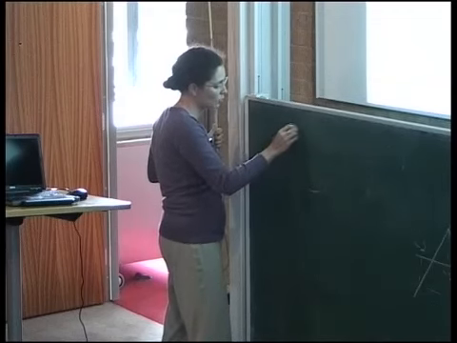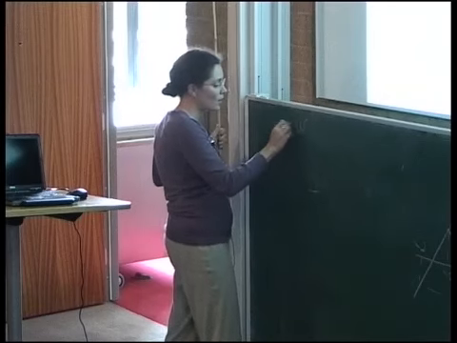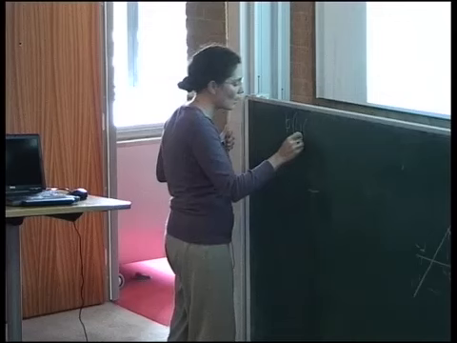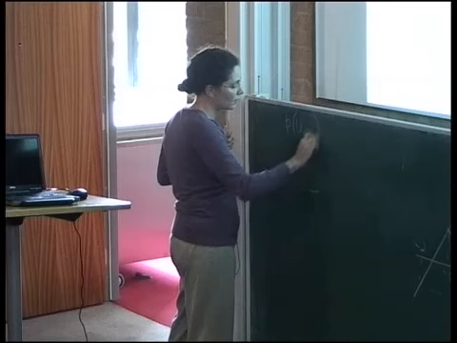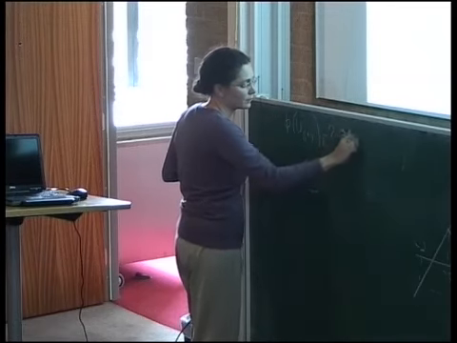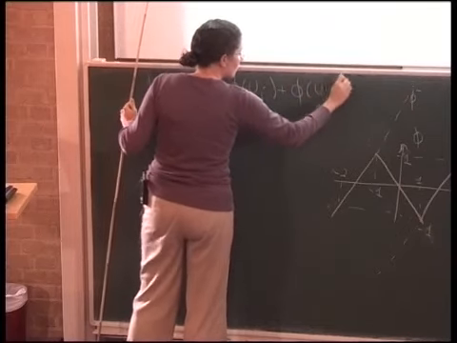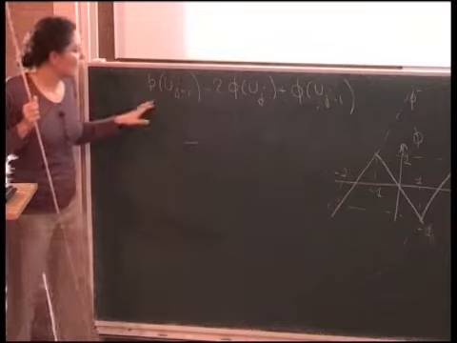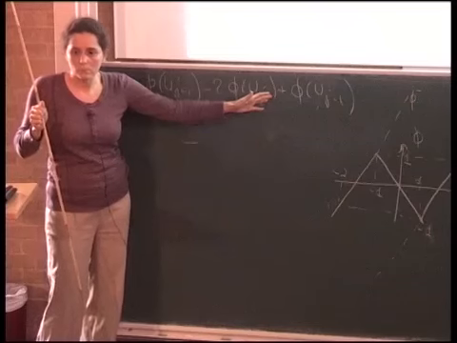So if you want to compute the finite difference for phi of u_{j+1} minus 2 phi of u_j plus phi of u_{j-1}, if they're all in the same phases, you have no problem.